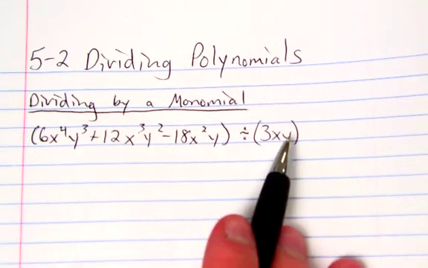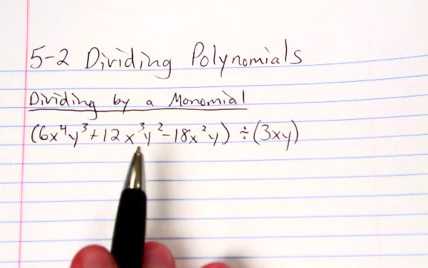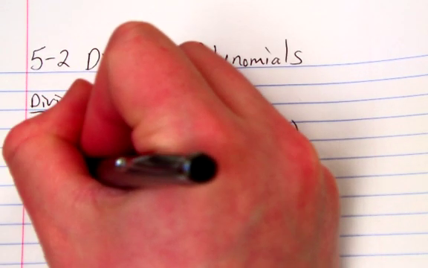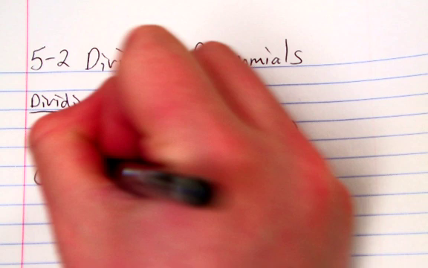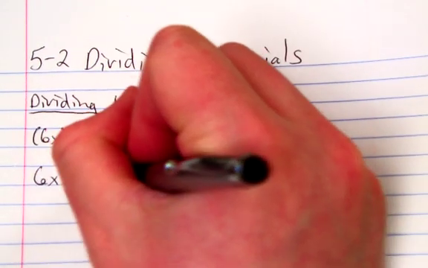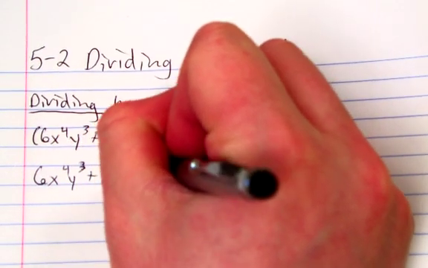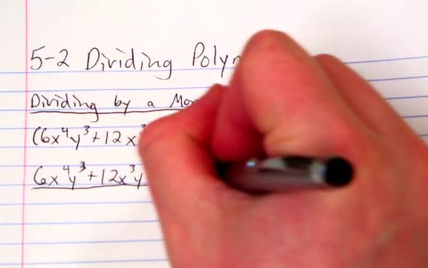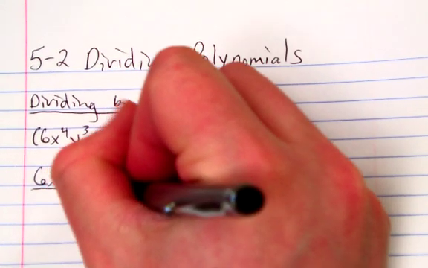I am going to start by rewriting this as a fraction. So I will have 6x to the fourth y cubed plus 12x cubed y squared minus 18x squared y all over 3xy.